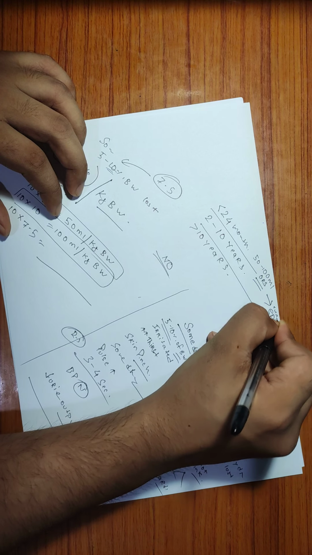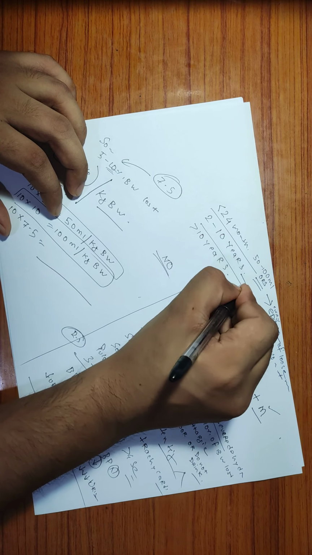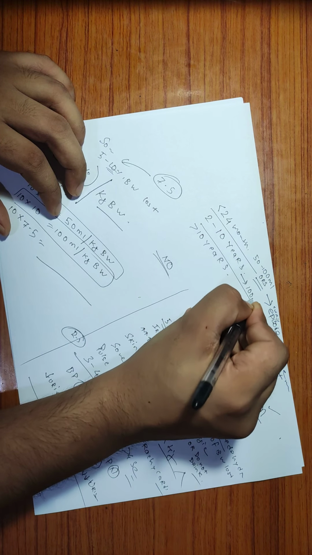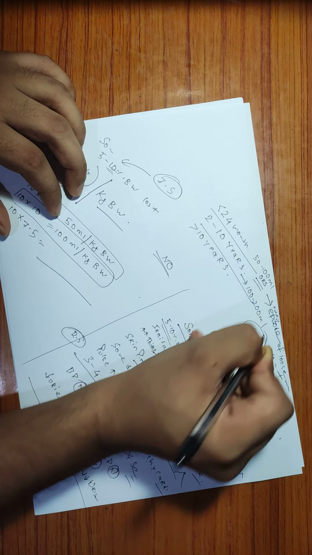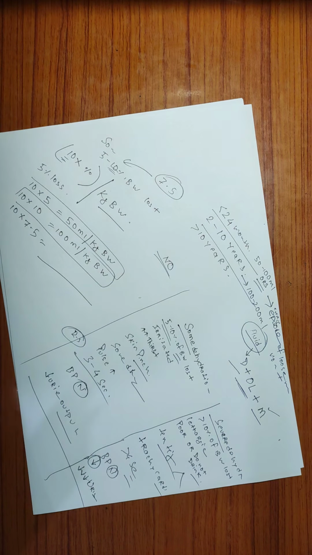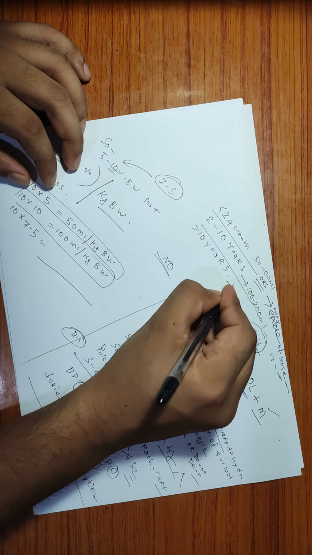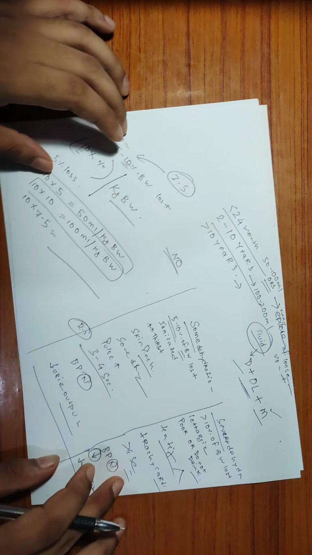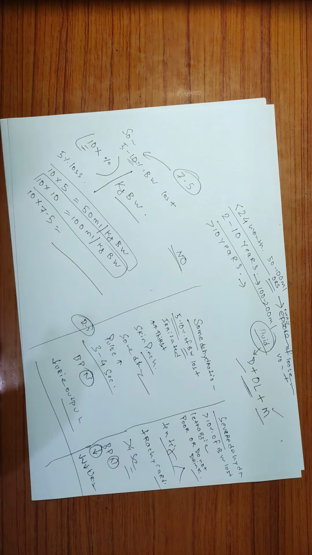Same thing here, it will be 100 to 200 ml. And if the patient is more than 10 years, you can give as much as the patient wants to drink. If the patient is thirsty, give as much as the patient wants to drink.